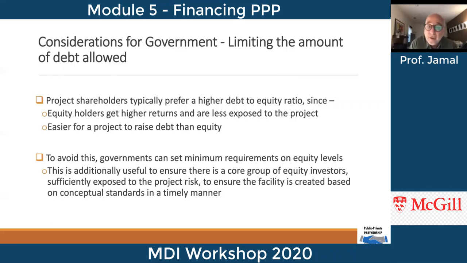But you need to make sure that the private sector puts their own money at risk. And that's why equity is important. This ensures that the core group of equity investors are exposed to the project risk and are really accountable and ensure the facility is created based on conceptual standard in a timely manner.